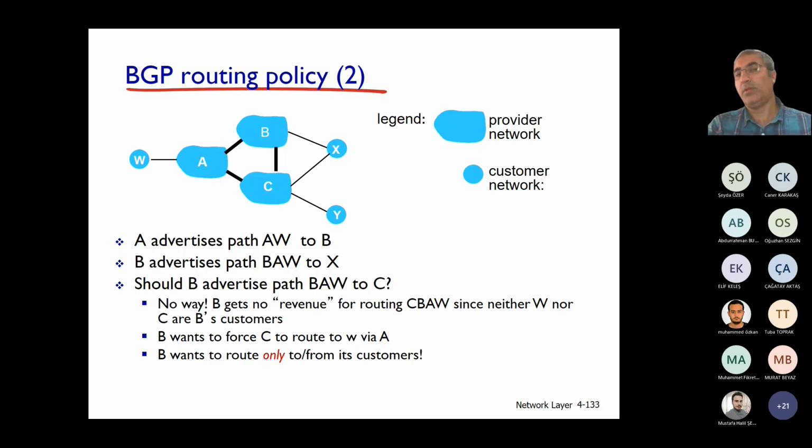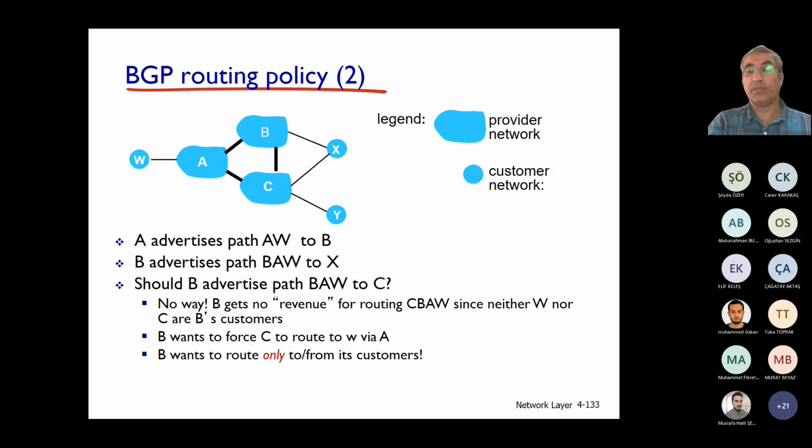You put the policy rules based on your organization's requirements. For instance, A advertises path AW to B. B advertises BAW to X. Should B advertise this path BAW to C? No, because B gets no revenue from this routing, because neither W nor C are B's customers.